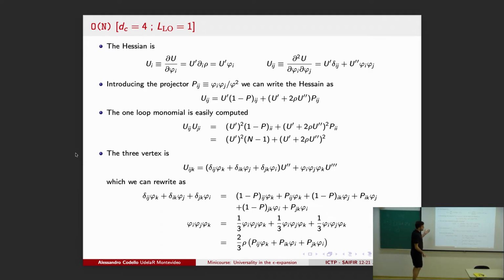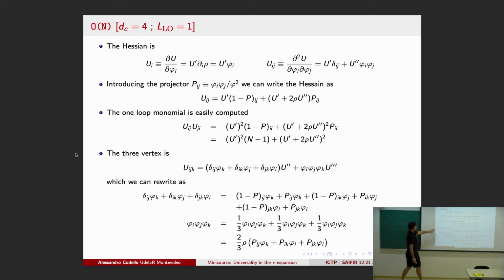This is more of an exercise, but it's really simple. This is also the schema for when you do an arbitrary theory. Here we write the derivative of U with respect to the field, and you get these very simple expressions. You normally introduce a projector operator, which is the projector on the transverse and radial modes.